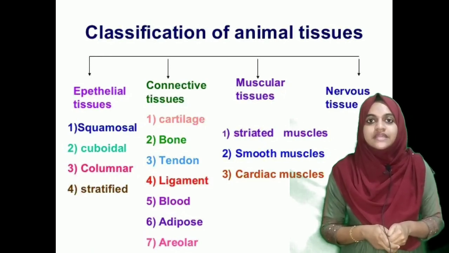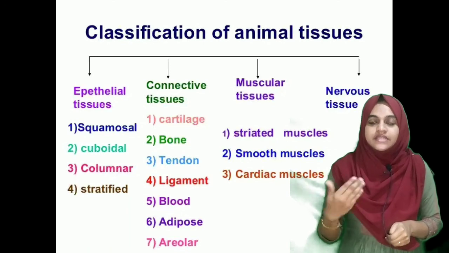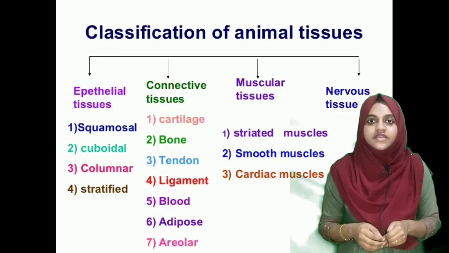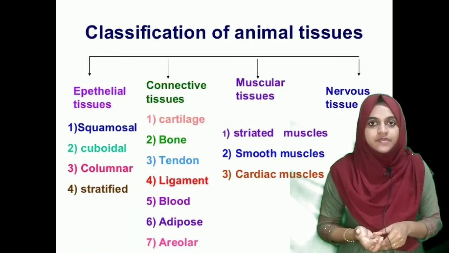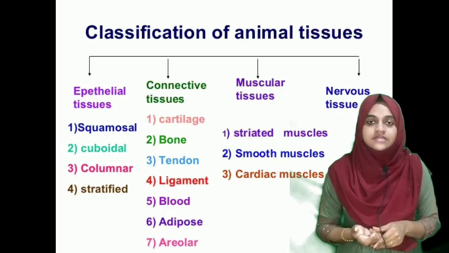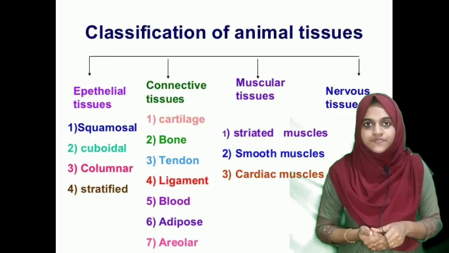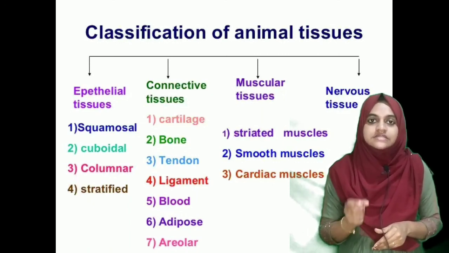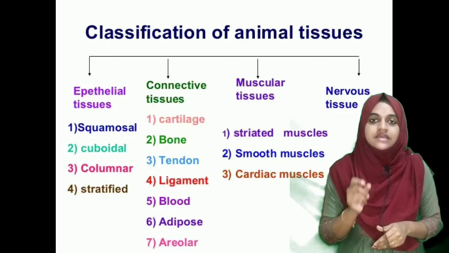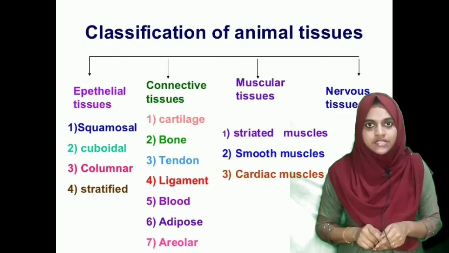First we discussed the epithelial tissue, which is classified into three: squamous epithelial tissue, cuboidal epithelial tissue, and the columnar epithelial tissue. In squamous epithelial tissue, there are two types: simple squamous and stratified squamous epithelial tissue.